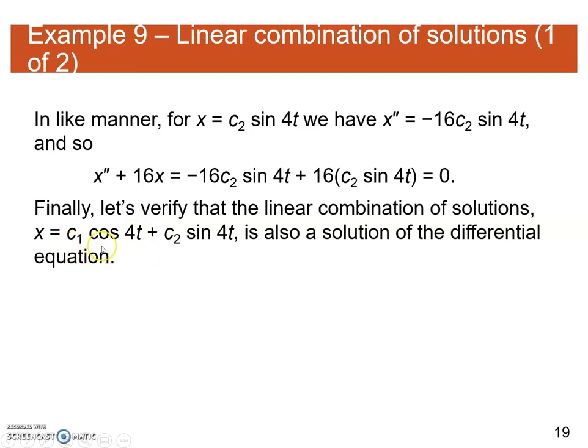The linear combination means we can just add these two together, or maybe subtract, but adding and subtracting are basically the same thing. Of course, you should not multiply one solution with the other and try to verify it.